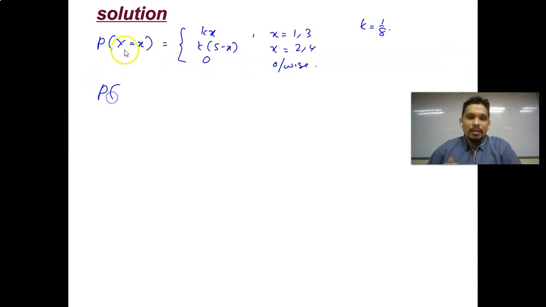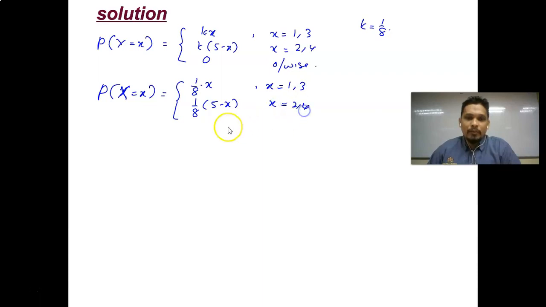So we rewrite all this, substituting the value of k, 1 over 8. So it is 1 over 8 times x, and 1 over 8 times (5 minus x), where x equal to 1 and 3, and here x equal to 2 and 4, and 0 otherwise.